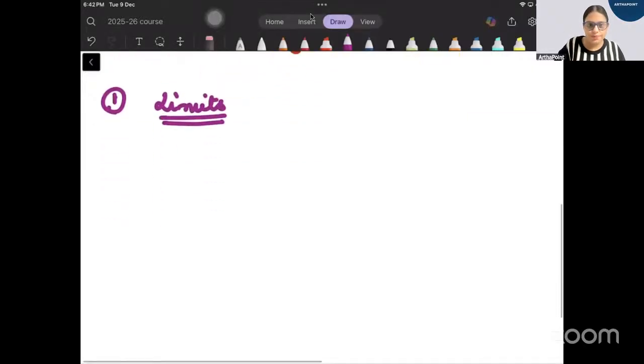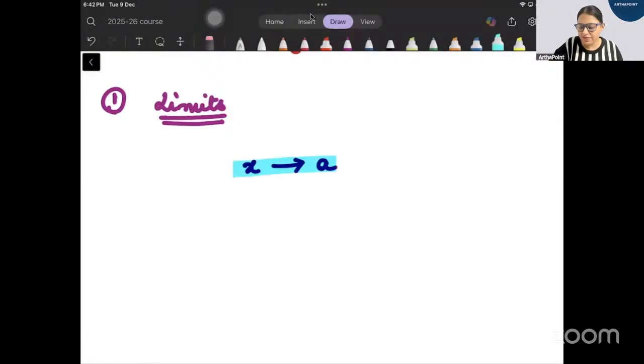So, first of all, limit means what? Limit means that we are going ahead and we are approaching a particular number. Does not mean we are finding the value at that number. So when I say that x approaches a, it means x is going very close to a. If I say x approaches 1, it means x is going very, very close to 1.